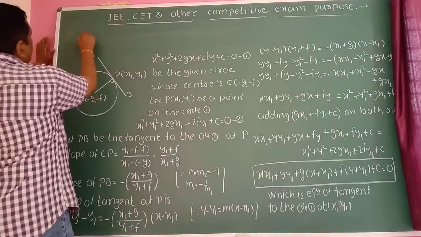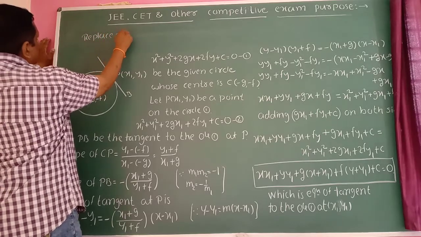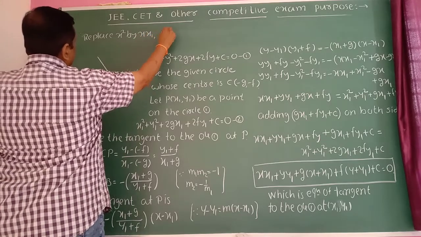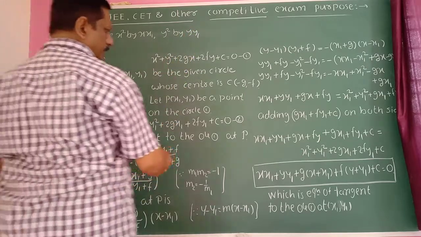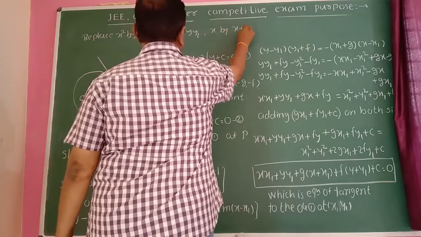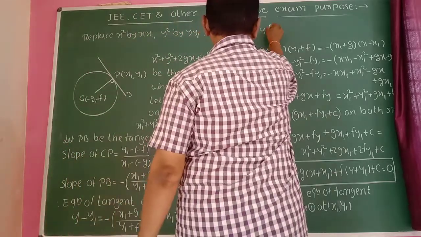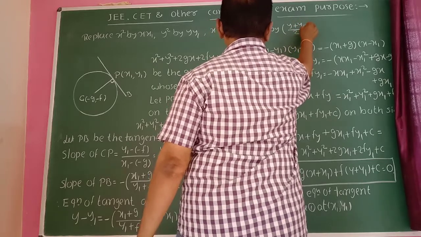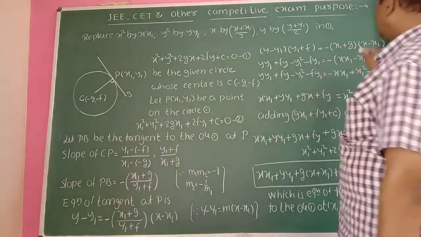Then replace x by x plus x1 divided by 2 and y by y plus y1 divided by 2 in equation 1.